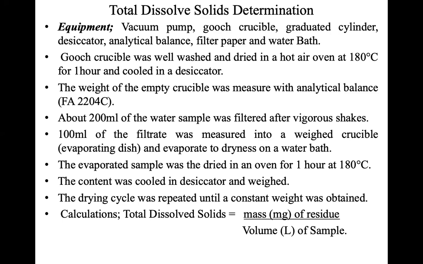And then after the filtration, you dry the filter paper and make sure all the other components are also gone. And then you measure it again. When you measure it again, the difference between the weights becomes the weight of the dissolved solid, which you calculate by dividing the mass of the residue by the volume of sample you have. And that gives you the total dissolved solid value that you are looking for.